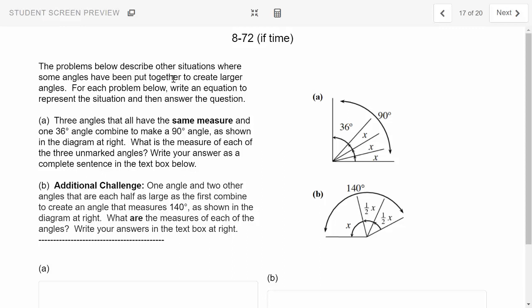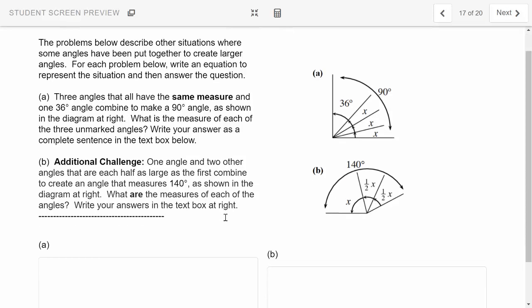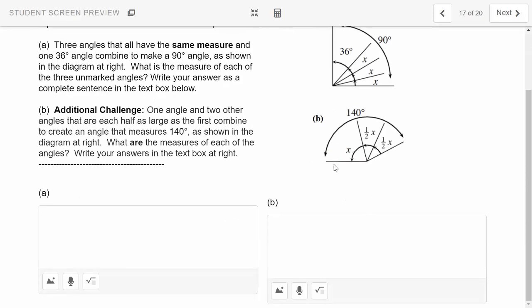So part A, three angles that all have the same measure and one 36-degree angle combined to make 90 as shown. What is the measure of each of the three unmarked angles? In other words, what is x? And then part B, again, what are the measures of each angle? So you need to tell me, once you know x, then what is half x and half x?